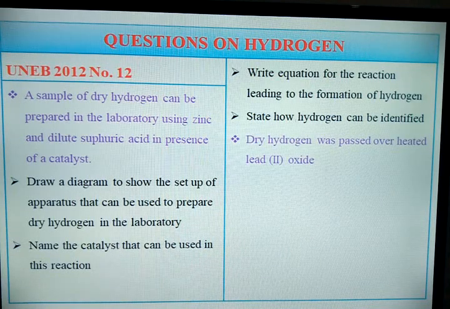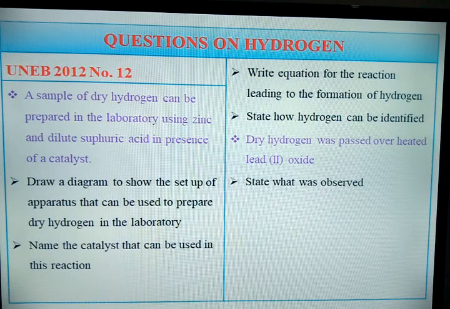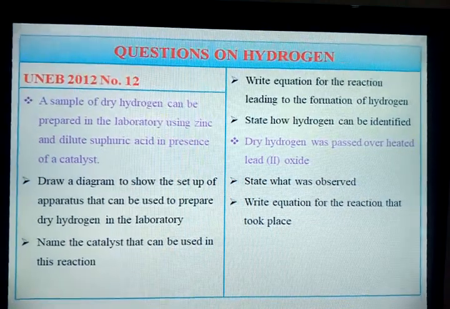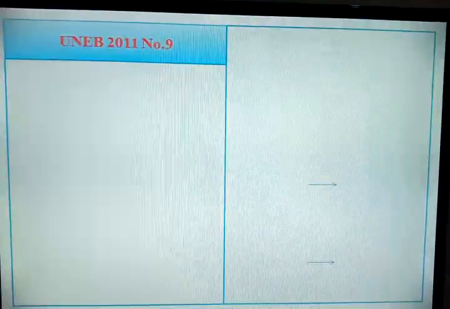Then dry hydrogen was passed over heated lead(II) oxide. I've been mentioning the observations here, so if you listen to my video carefully, you're going to find these things there. State what was observed, write equation for the reaction that took place, among others.